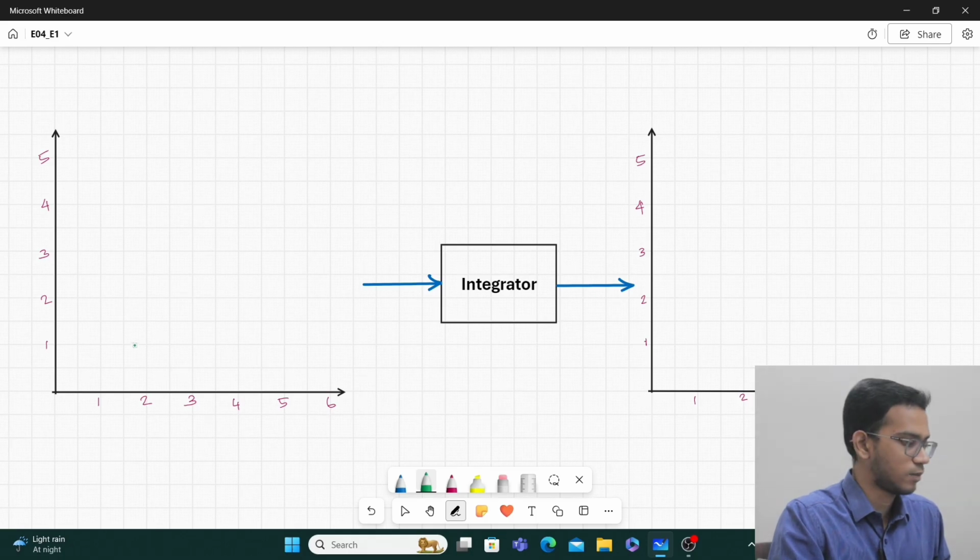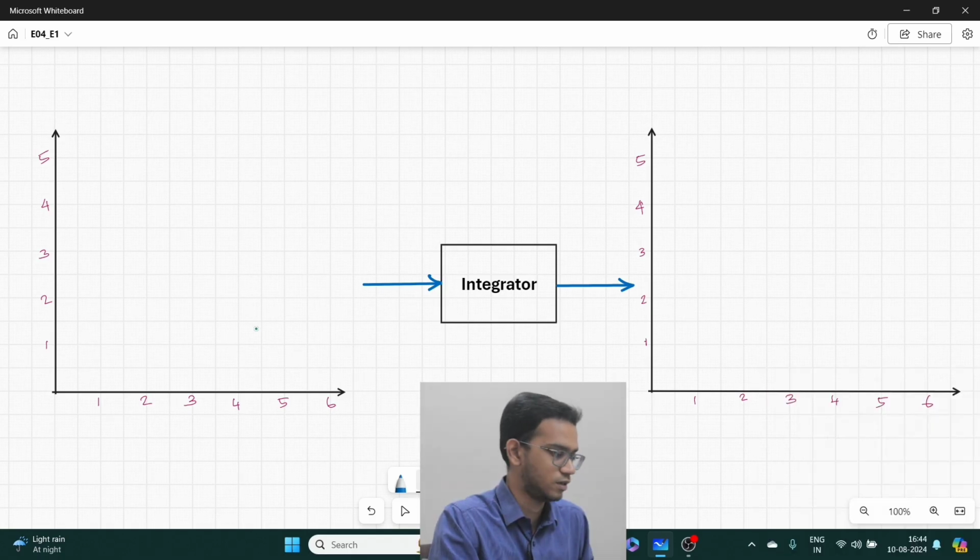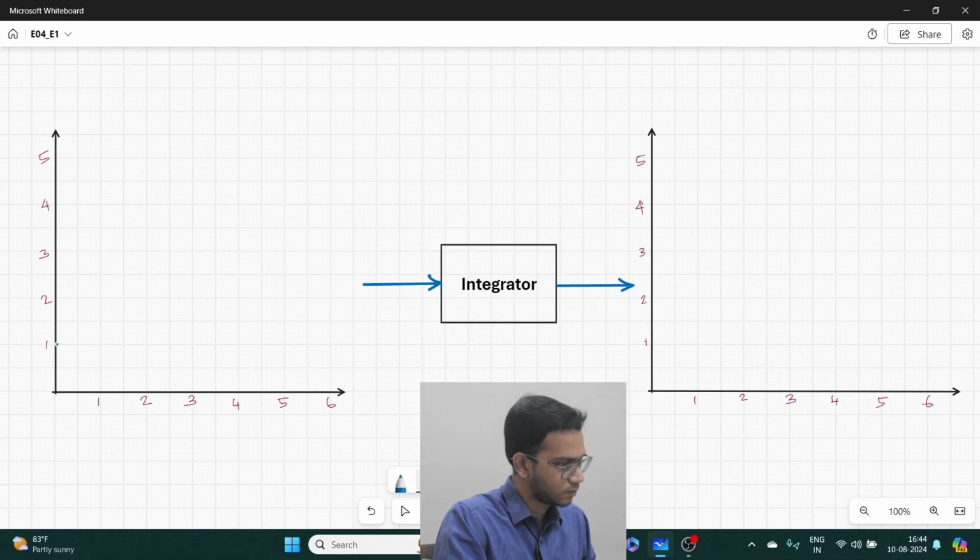Now I have an integrator. I'm going to give an input signal to it, and then I'm going to continue my explanation. My first input signal is going to be a constant signal, or in proper terms, a step signal. Here my signal is plotted across time on the x-axis, and this is the amplitude of the input signal.